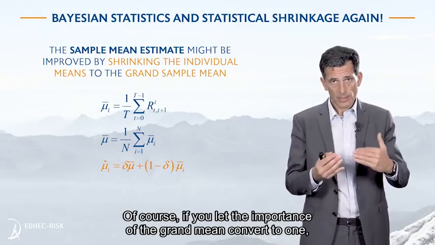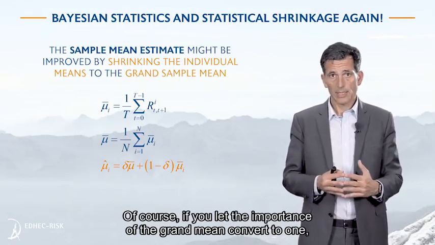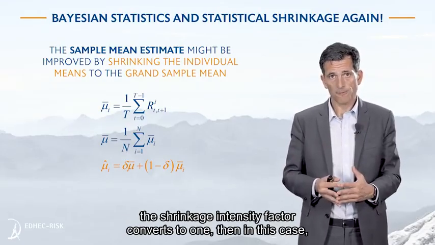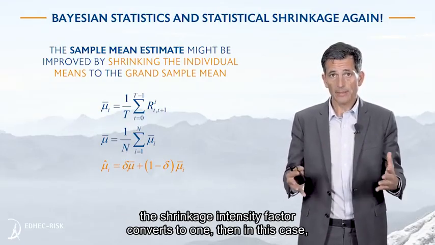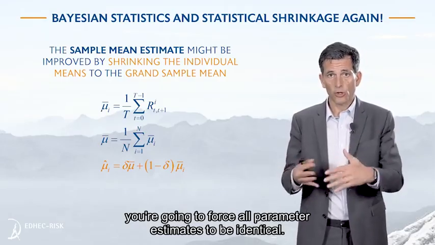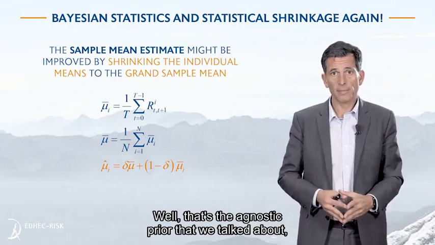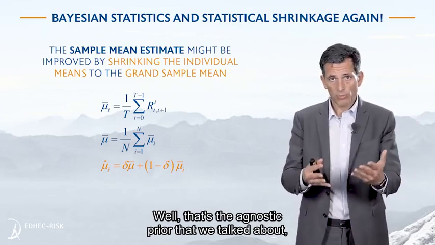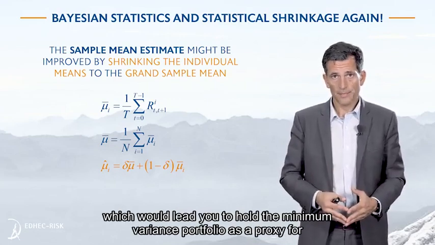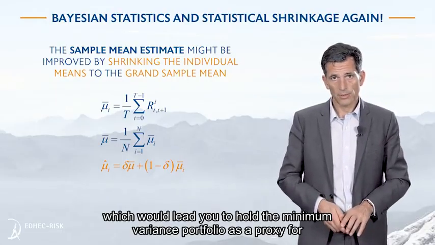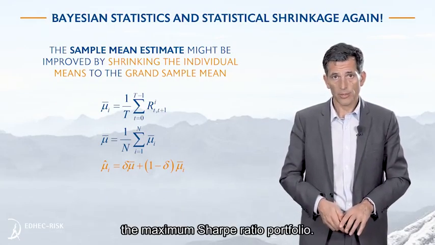Of course, if you let the shrinkage intensity factor converge to 1, then in this case, you're going to force all parameter estimates to be identical. Well, that's the agnostic prior that we talked about, which would lead you to hold the minimum variance portfolio as a proxy for the maximum Sharpe ratio portfolio.